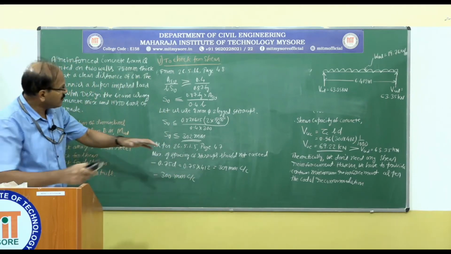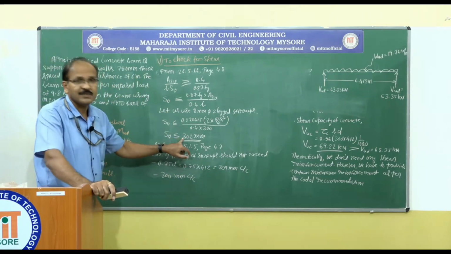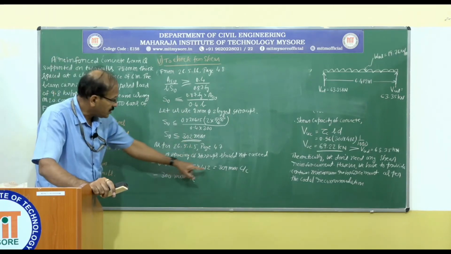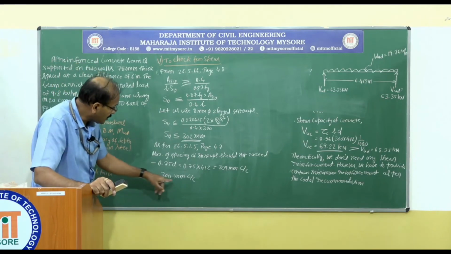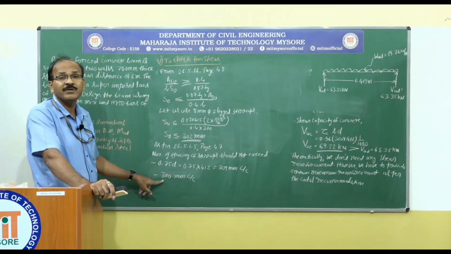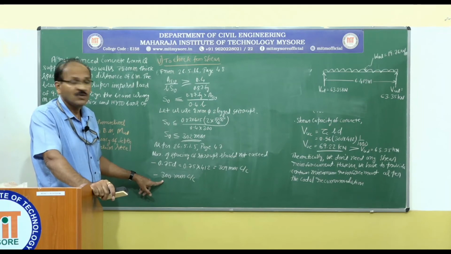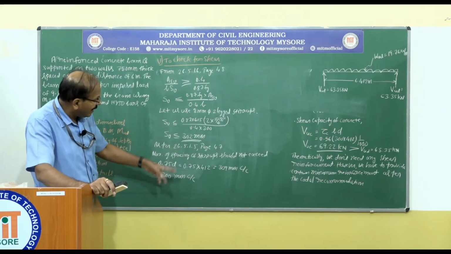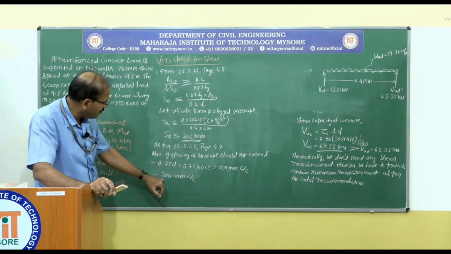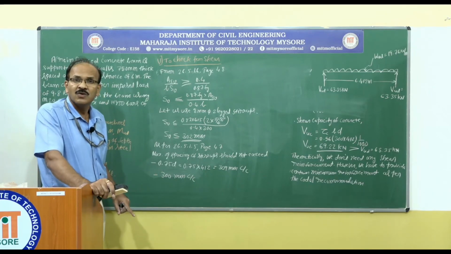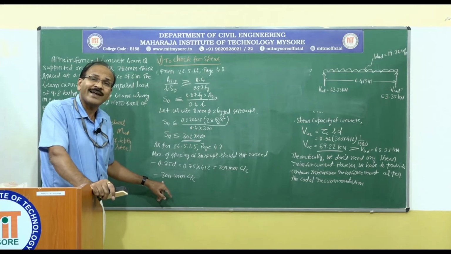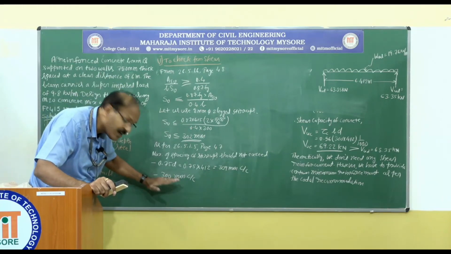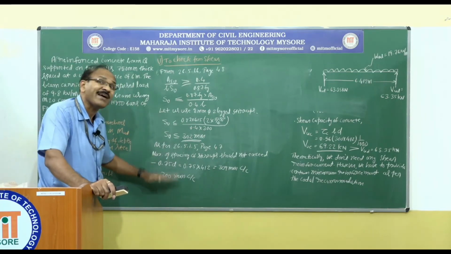So we have three values. The spacing should not exceed 302, the spacing should not exceed 309 millimeter center to center, and the spacing should not exceed 300 millimeter center to center. So out of these three values, take the least. What is the least? 300 millimeter center to center. So what is the maximum spacing of the stirrups, two-legged 8 mm dia stirrups? It is 300 millimeter center to center. I am saying maximum spacing.